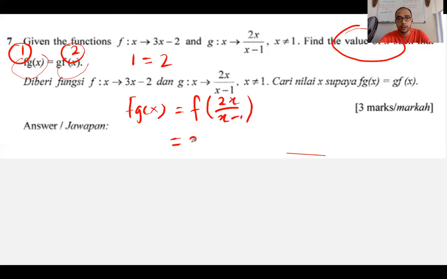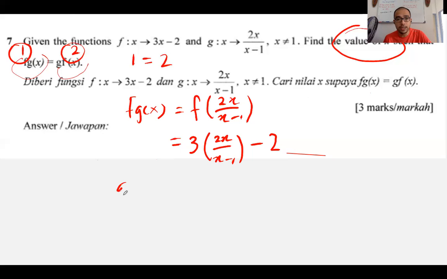So it will be 3, 2x over x minus 1 minus 2. Saya kasih masuk yang di dalam kurungan ke dalam x di dalam f. Okay. Now, after this, because the calculation is very long, so this is the first step lah.